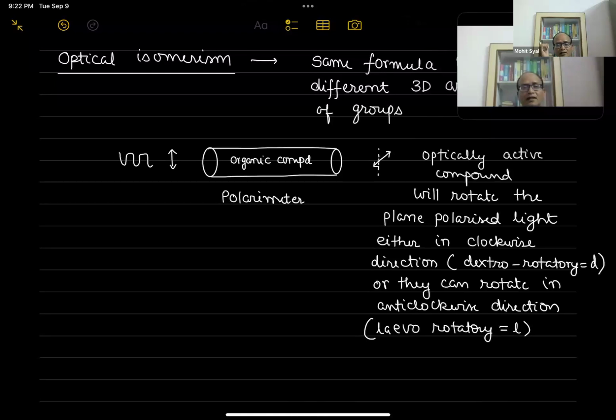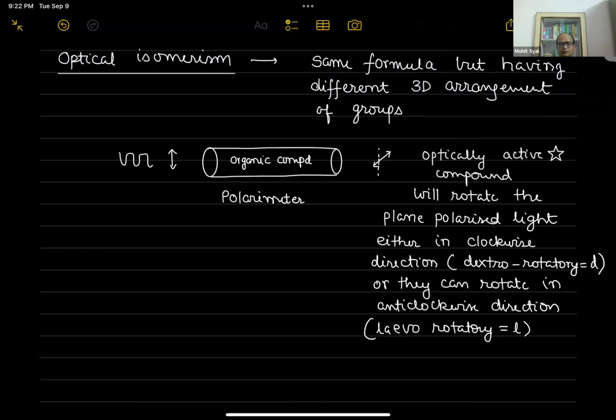Could you read it out for me, Aisha? What are optically active compounds? Am I audible? Yes, sir.